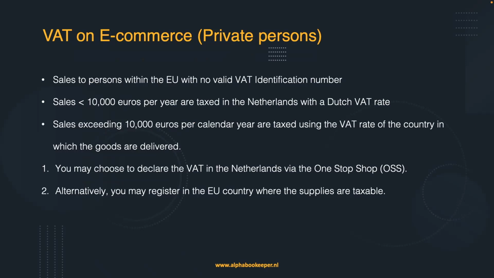Most of the time, the people buying online are private individuals, and so they do not have VAT IDs. And a different rule applies. That rule is that if your total sales outside of the Netherlands within the EU is less than 10,000, you can still declare under the Dutch VAT rate and just declare it as a normal Dutch VAT return.